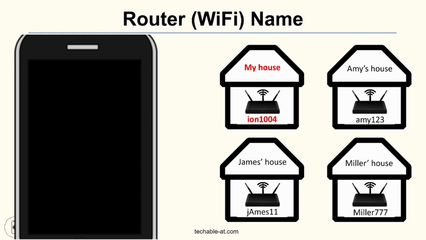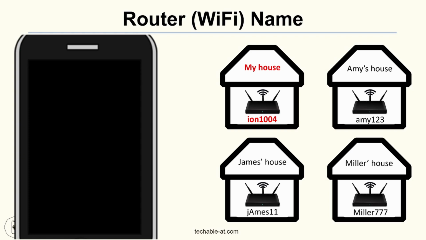And it has to know which wireless router among those routers around you, including the one at your home, it should connect to. And that's why when routers are made at factories, a name is attached to each router. And when a router is installed at home, its name can be changed to any name you want to.